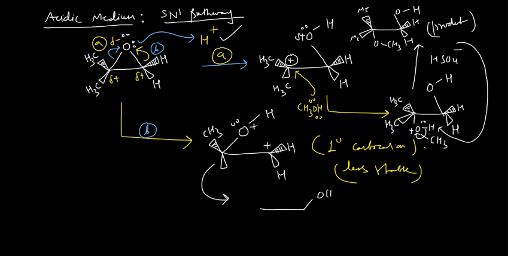It would be your OCH3 and two of the hydrogens, and then you have the OH, and then the methyls. This is Me, this is Me again. So this one would be the minor one. You can work this out on your own.